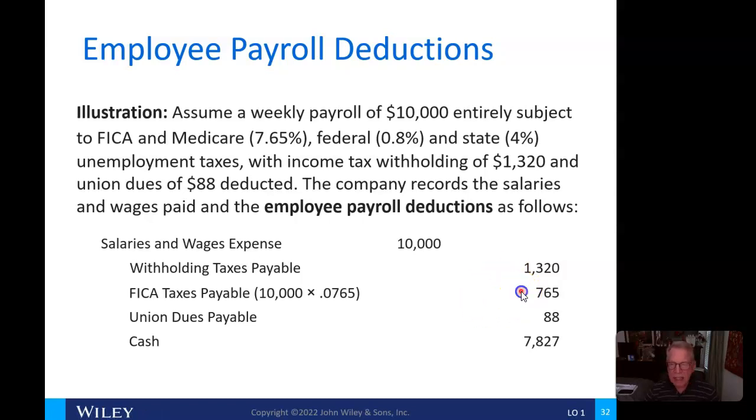We're going to have FICA taxes payable here, total of 7.65% because we haven't hit the maximum here. Normally, I'll split that between FICA Social Security and FICA Medicare. You can do that, of course. And then union dues payable, $88. So the employees are going to receive $7,827 in their respective checks or automatic payroll deposits.